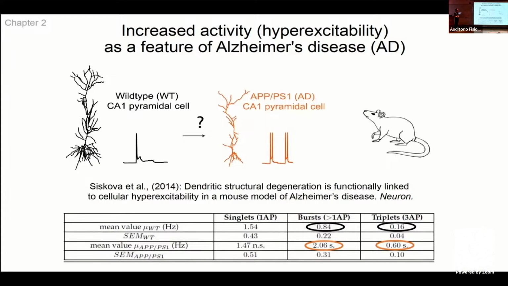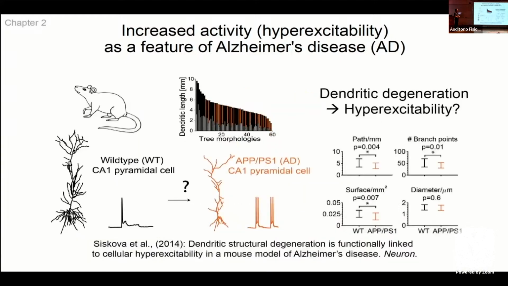So the question is, what is the underlying mechanism for this behavior? The paper itself, where we also got the data from, Zhishkova et al., made the connection that hyperexcitability is linked to dendritic degeneration, which is another hallmark of Alzheimer's disease: the cells that get affected shrink.